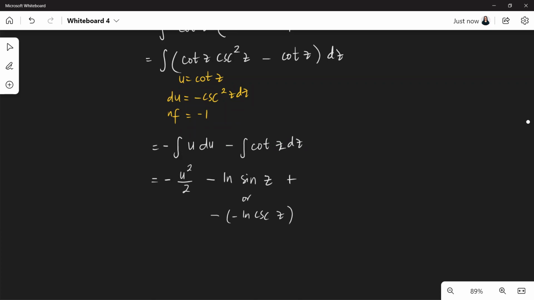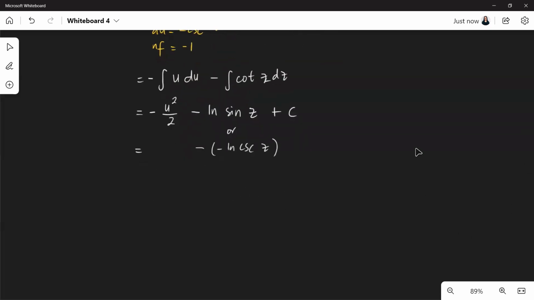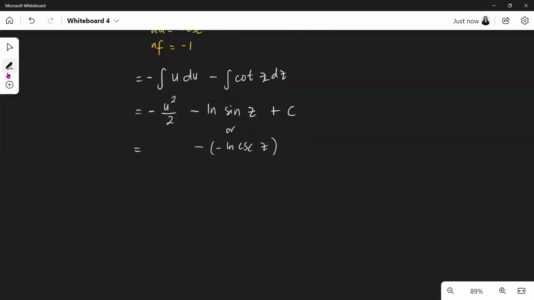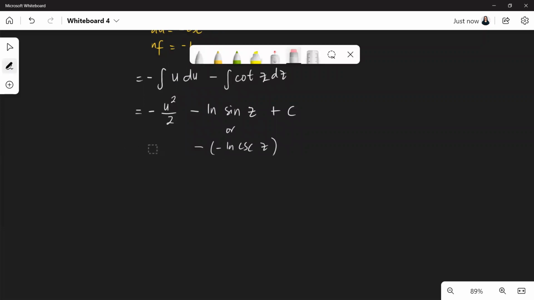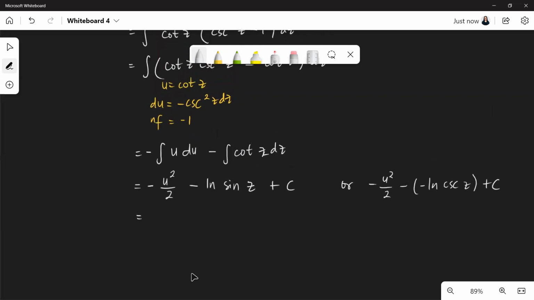Then don't forget the plus c. We'll put another answer, or we write it to the right of this first one. So we can write it as negative u squared over 2, then minus negative ln of cosecant z plus c. So we replace u with cotangent z.